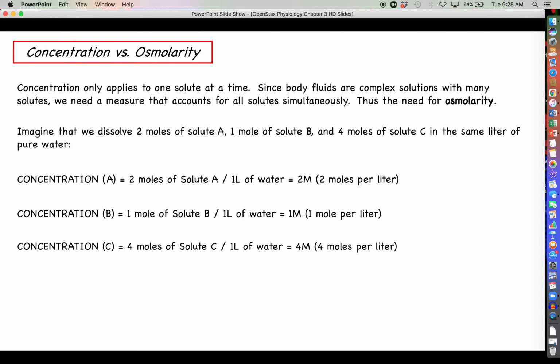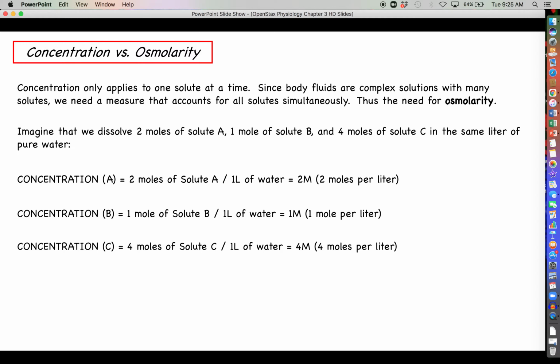And then for C, 4 moles of solute C per 1 liter of water, we end up with a 4 molar solution. Now, keep in mind, molarity, which is a concentration measure, only keeps track of one solute at a time. So for the same solution, we've got these 3 different concentrations.